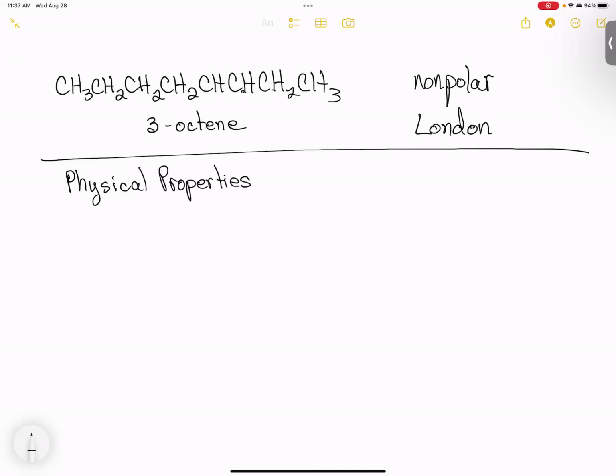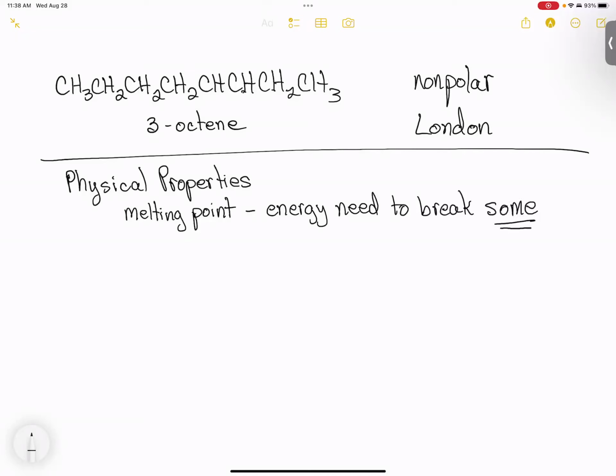The physical properties include stuff like the melting point, which is going to be the energy needed to break some, and that sum is important, of the intermolecular forces.